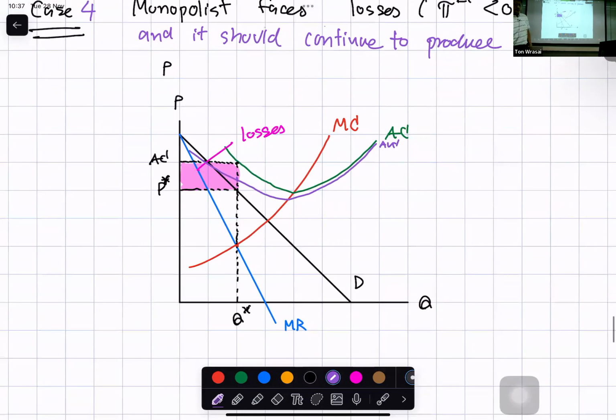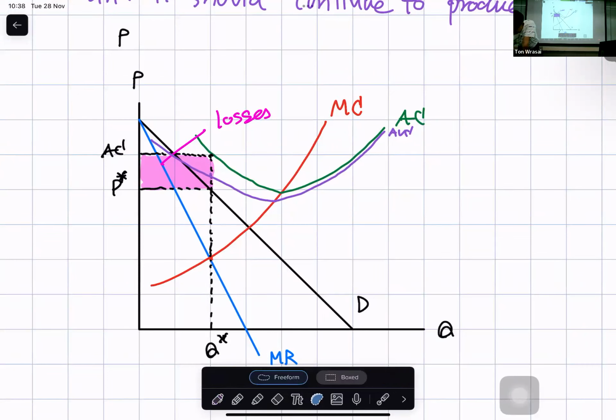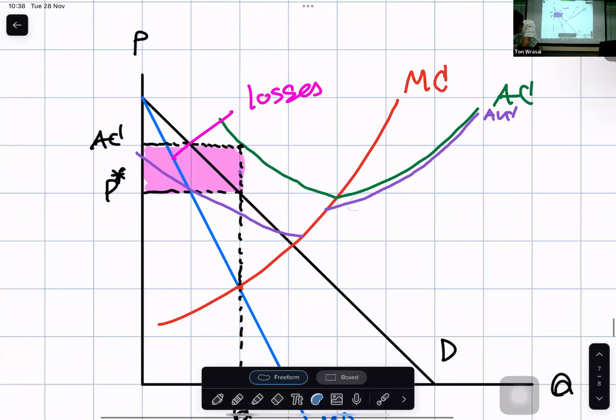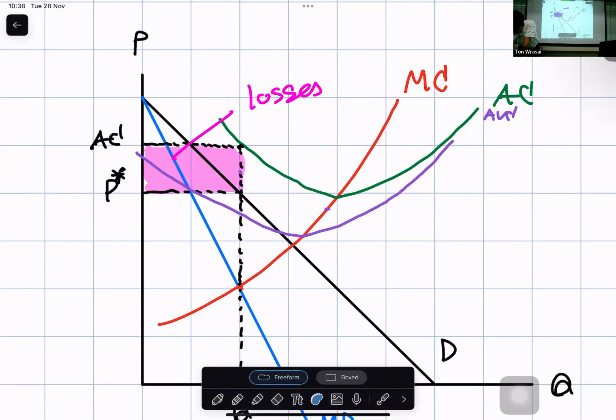Okay, to present this case, again, we evaluate at Q star.